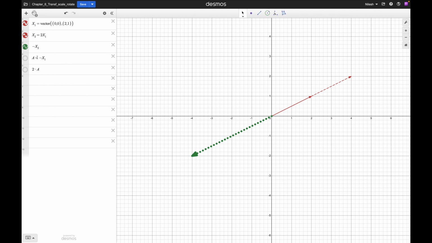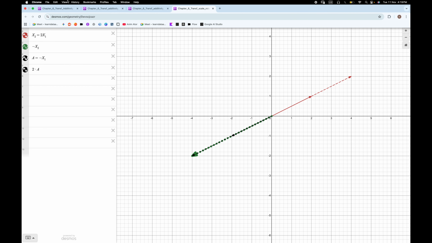Now this is the same thing as multiplying x1 by -1 first to get that vector shown here by the black arrow, then scaling it by multiplying it by 2, which gets us this dotted arrow, which overlaps the green dotted arrow that we had earlier.